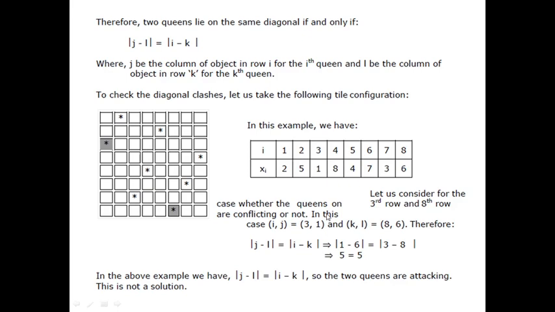To check whether the queens are conflicting, take (i, j) equal to (3, 1) and (k, l) equal to (8, 6). Then you can see |j minus l| equal to |i minus k|: |1 minus 6| equal to |3 minus 8|, which is 5. They are on the same diagonal, in an attacking position. Therefore this is not a solution.